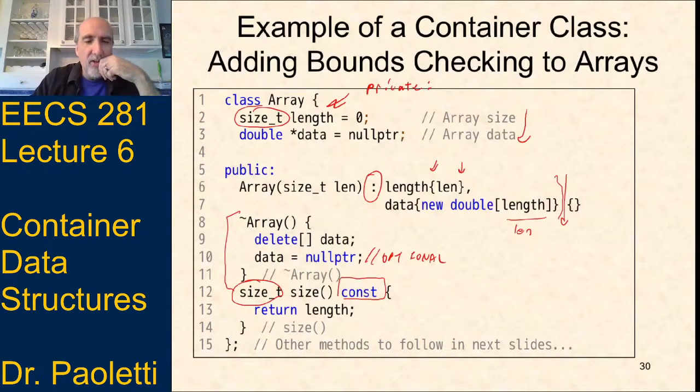Const here. That const is important. So const in general means I promise not to change something. If we put it on a parameter, it means I promise not to change the parameter. In here, I'm putting const on a member function. There are no parameters, so I can't be making a promise about parameters.